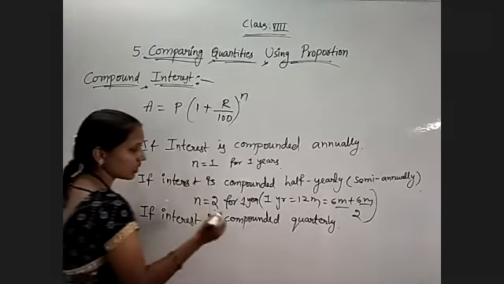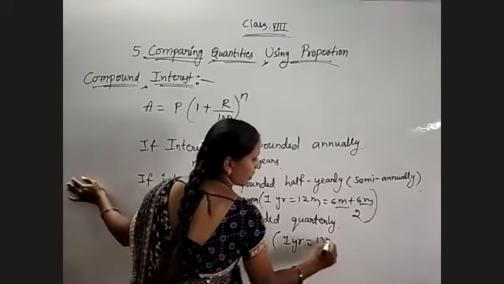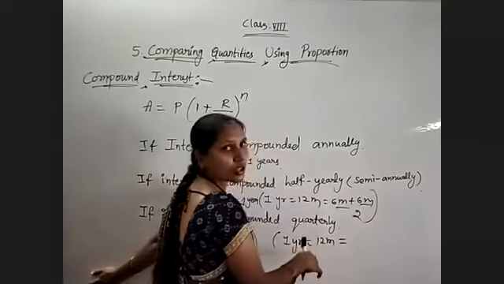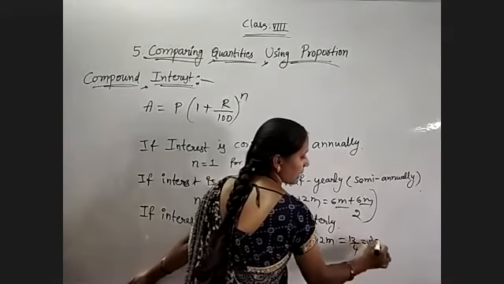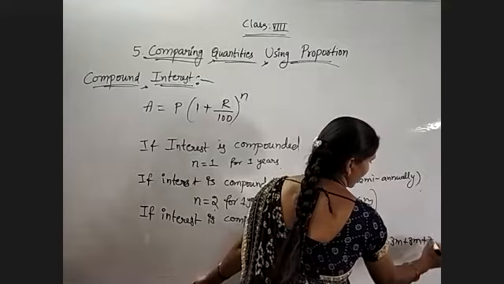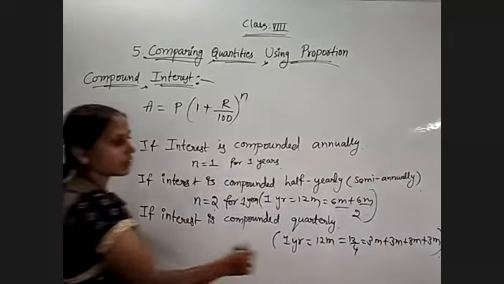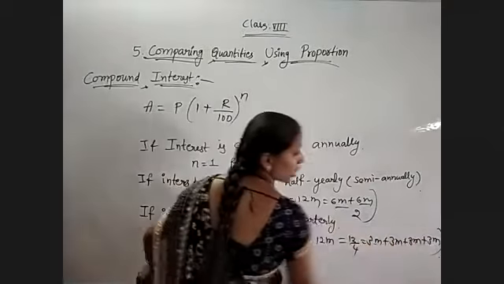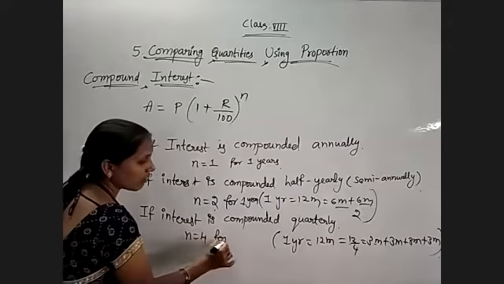One year has 12 months, and a quarter is 12 by 4, that is 3 months plus 3 months plus 3 months plus 3 months. So we get 1, 2, 3, 4 conversion periods. So n is equal to 4 for 1 year.